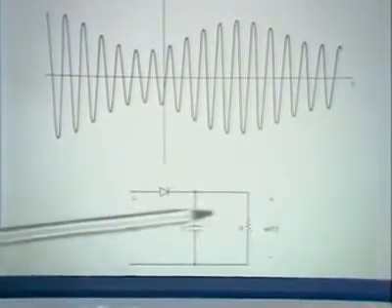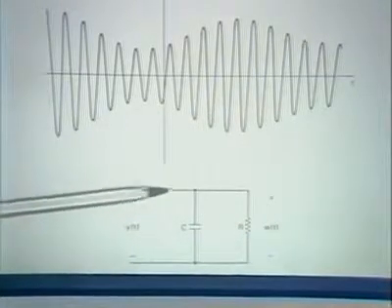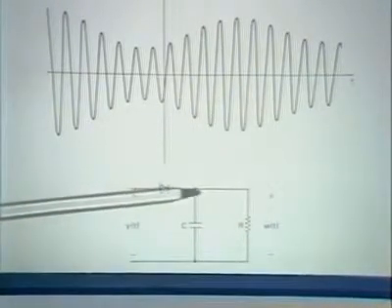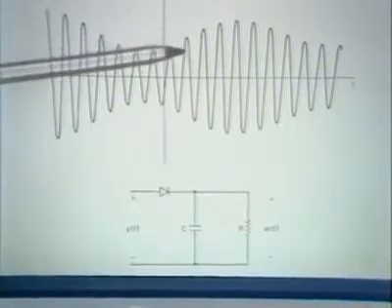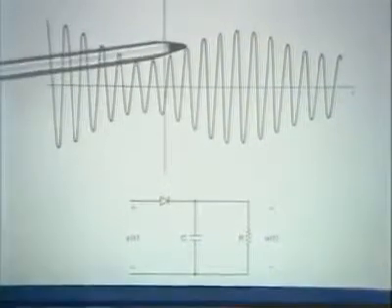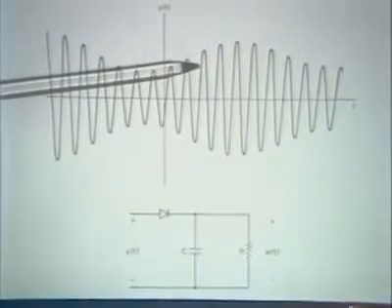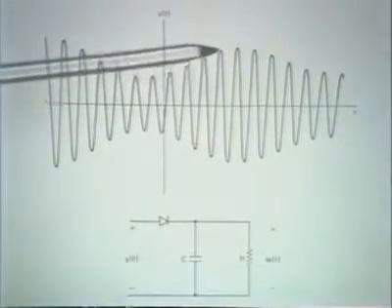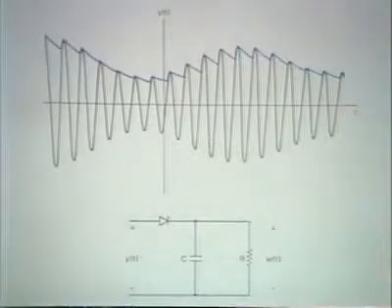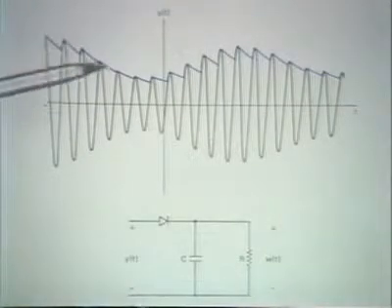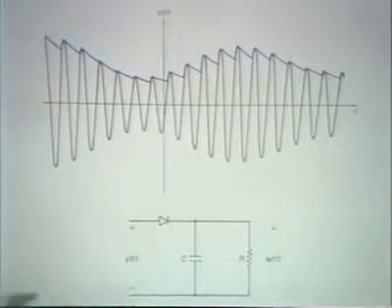parallel, kind of the idea being that the capacitor charges up as this waveform moves up to its peak, and then as the waveform drops down, the capacitor discharges through the resistor, and it kind of tracks the envelope. In fact, the kind of output that we would get is the type of behavior that I've indicated here.